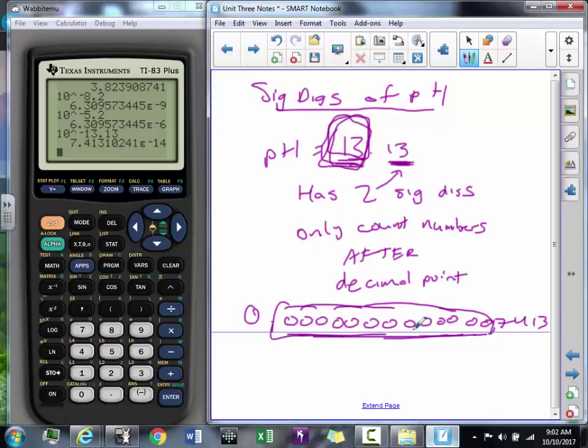Do those zeros count as sigdigs? No. Which is why we only count numbers after the decimal place in terms of your sigdigs. So this number right here, I would call it 7.4 times 10 to the minus 14. I would only count 2 sigdigs. It's an obscure rule. Kids always forget it. But if you're ever working with a pH, you only count numbers after the decimal place.